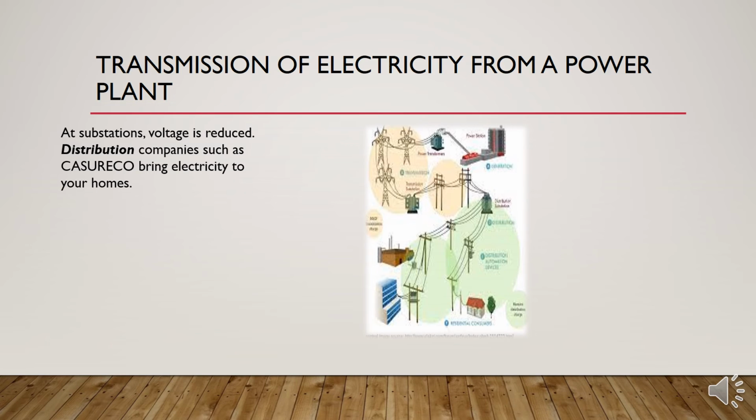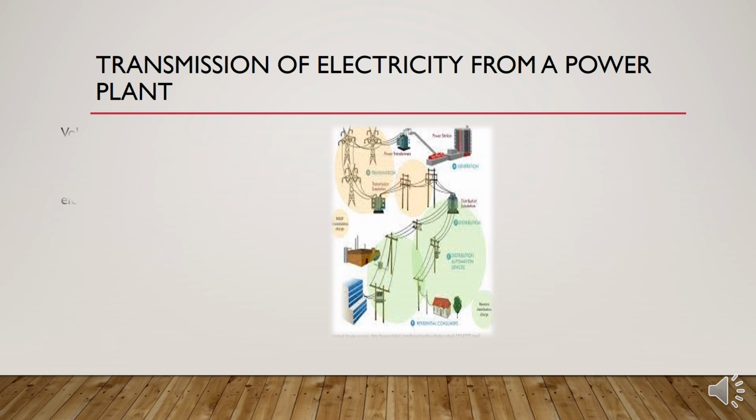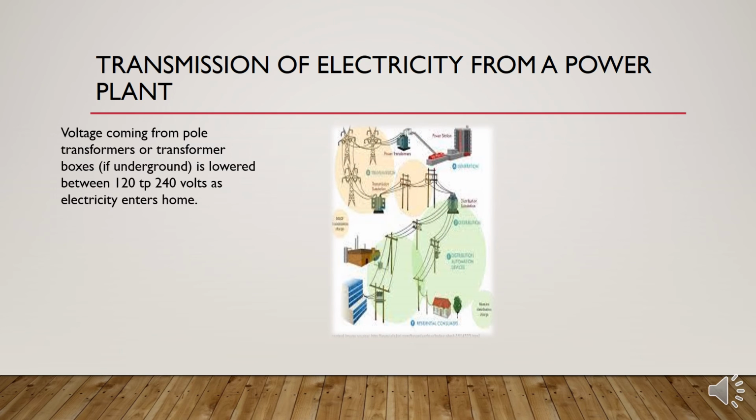Distribution companies such as Casureco bring electricity to your home. Voltage coming from pole transformers, or transformer boxes if underground, is lowered to between 120 to 240 volts as electricity enters.